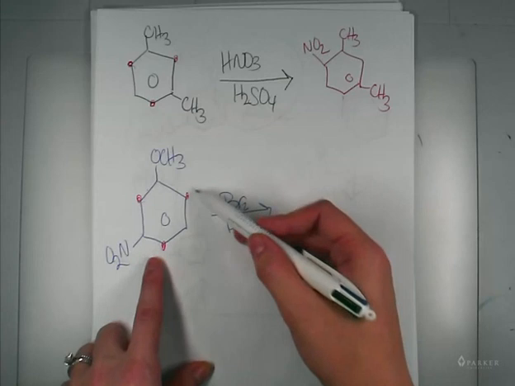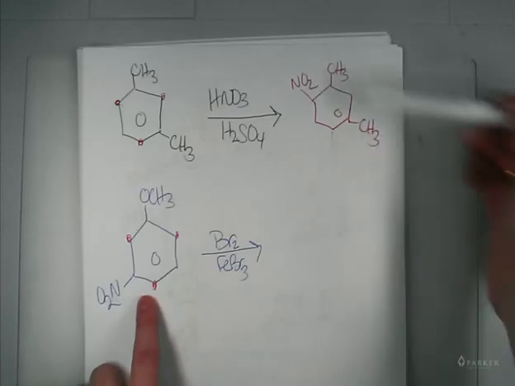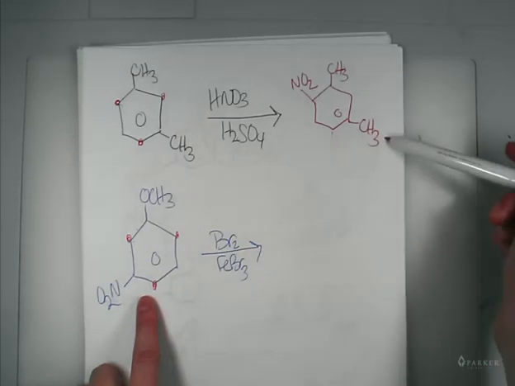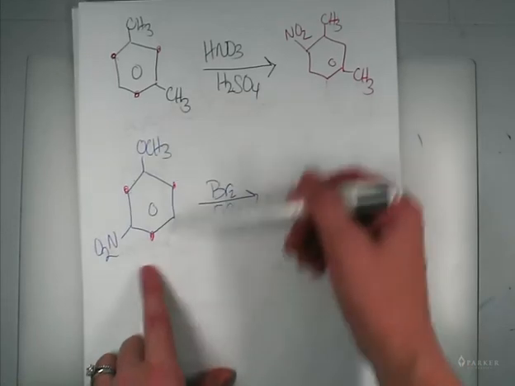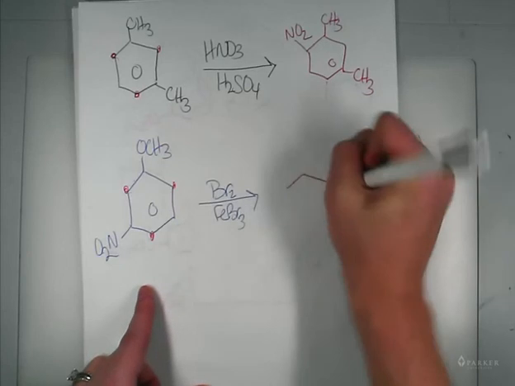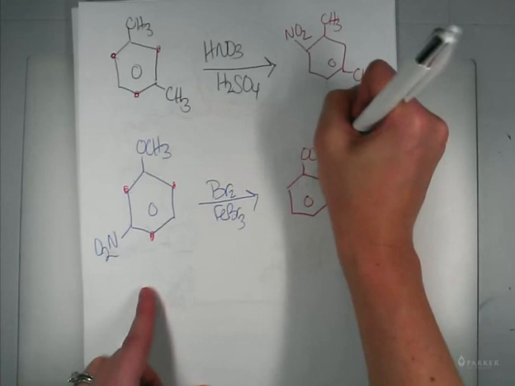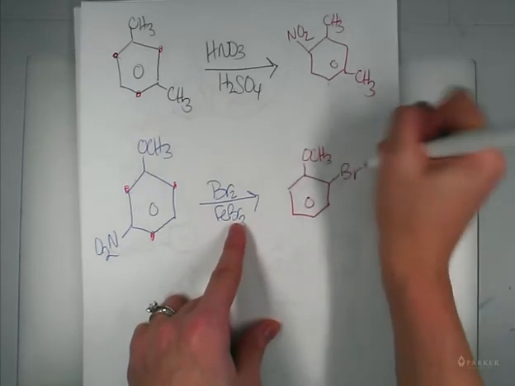Now these you have to actually show both products. Up here I didn't. Do you see that both branches are CH3? So it didn't matter if I put it next to that CH3 or that CH3. There's no preference. It's the same product actually. But here, do you see that OCH3 and NO2? Those are different. So you have to actually draw both of them. And what does this put on there? Br.